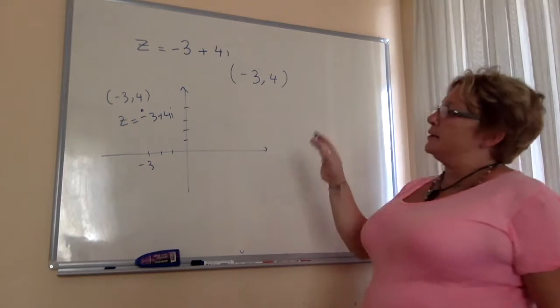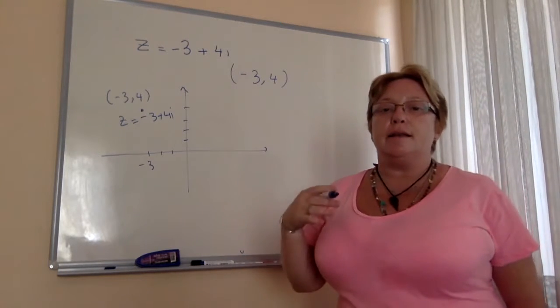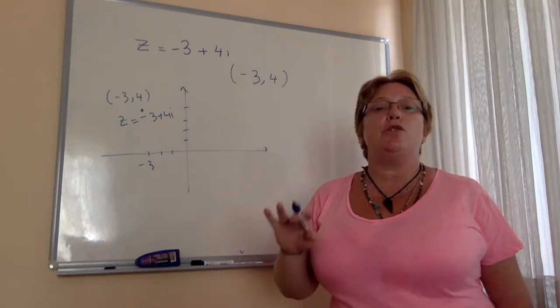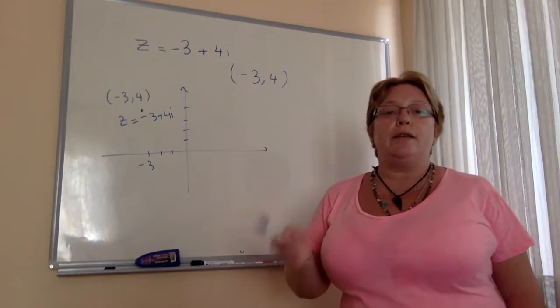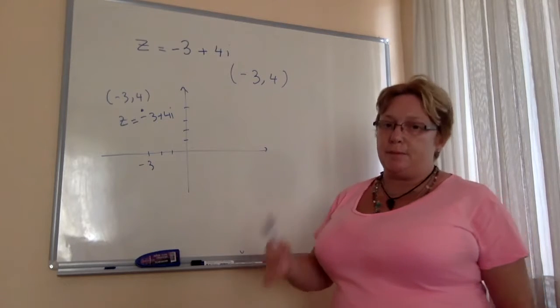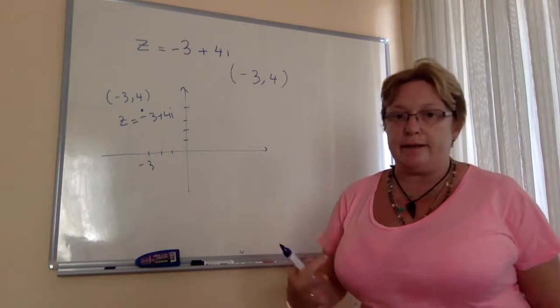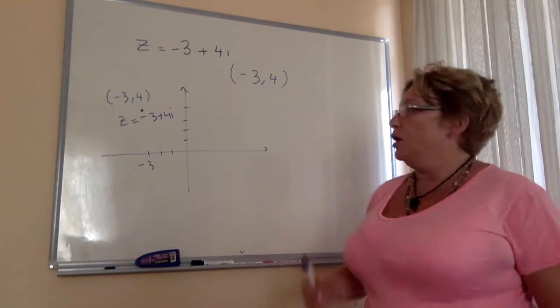Now, based on this number, I can also define its conjugate. And the conjugate is going to be especially useful when we do division with complex numbers. We're going to use the conjugate of a complex number directly in the process of division. Okay?